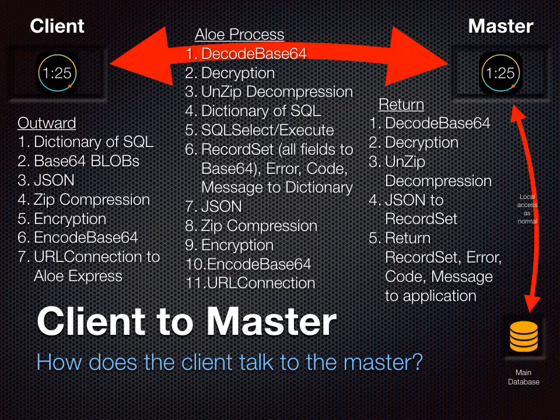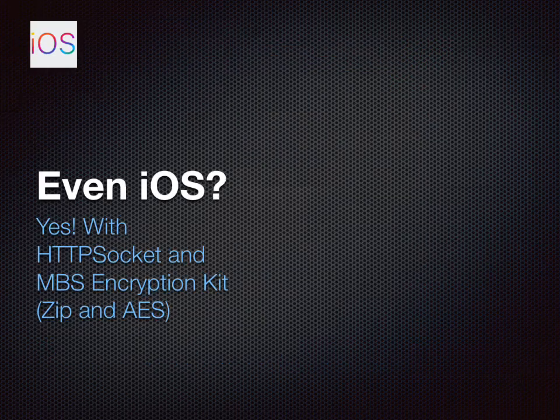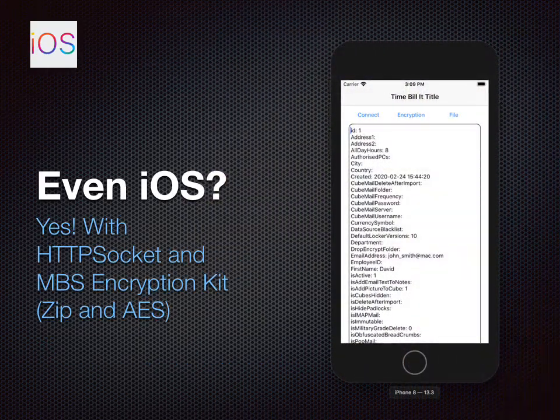Now remember, all of this works the same for desktop applications, web applications, and console applications on Mac, Windows, and Linux. But you may then ask, well, what about iOS? Yes, it even works on iOS.